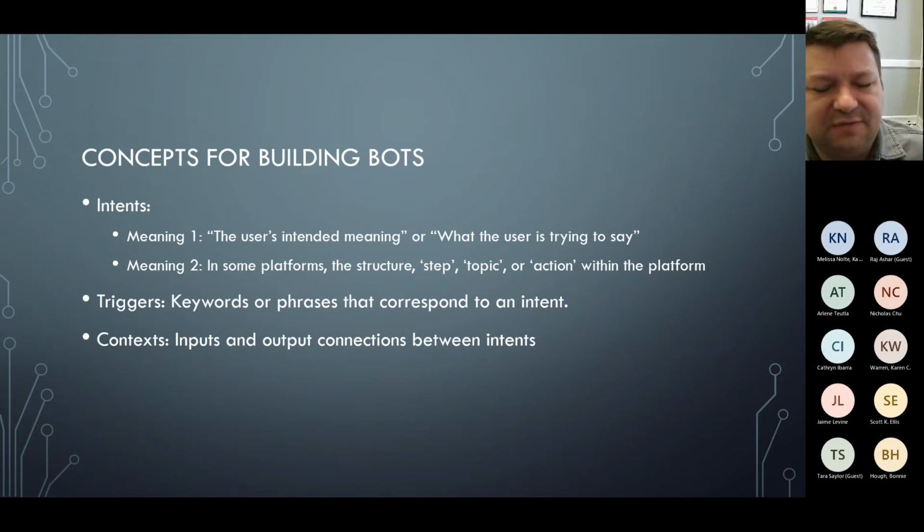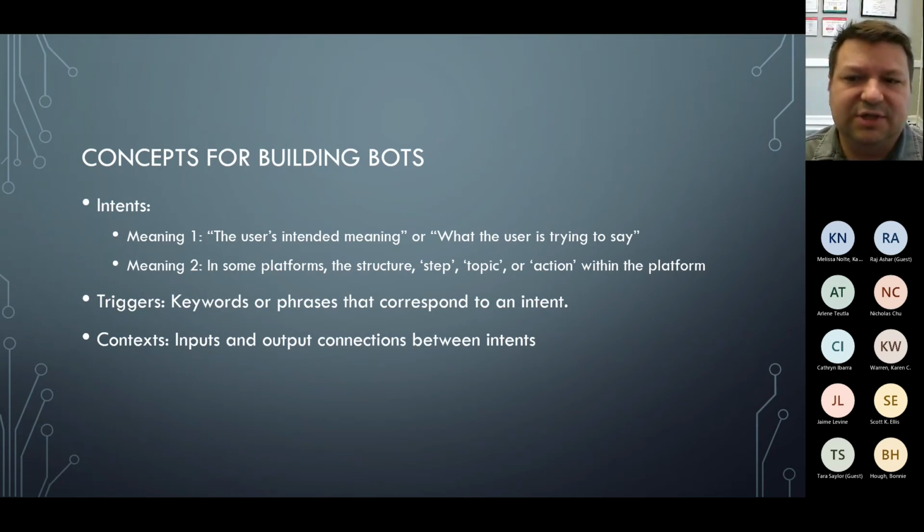If you're interested in ever building these, there's just a few basic concepts that are really important to understand. So the first one is an intent, and it has a couple different meanings. The first one, in the pure sense, is the user's intended meaning. It's what the user is trying to say.